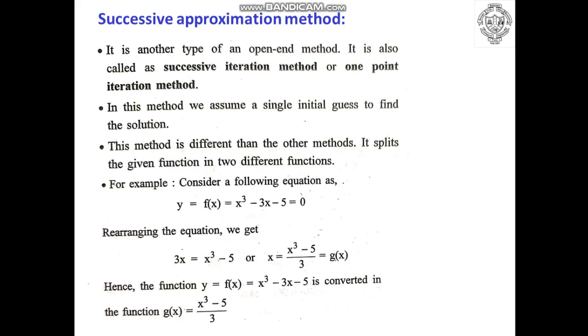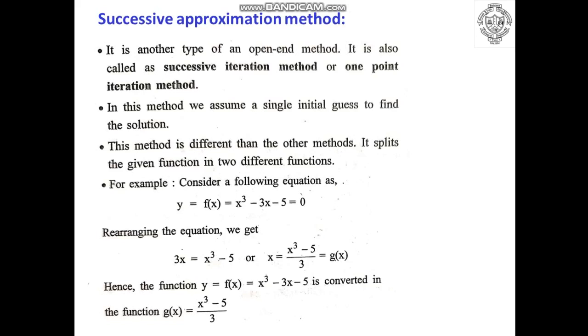According to successive approximation, we will rearrange this equation so that we can get two different functions as a splitting of the equation. Let us take 3x on the left hand side and keep all other terms on the right hand side.